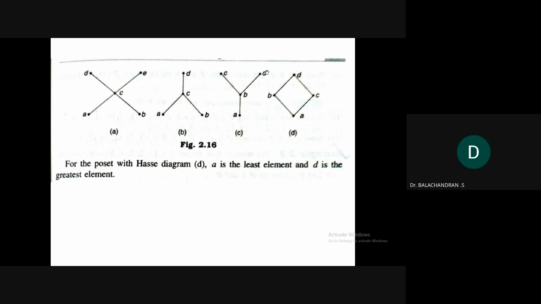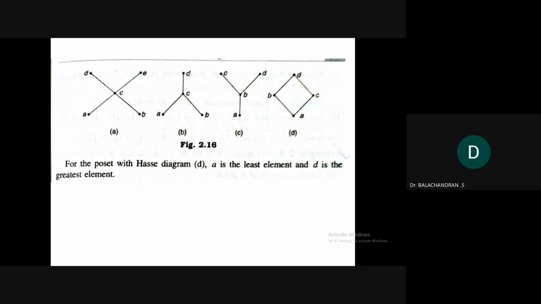C and D are maximal elements. Here the greatest element does not exist, because you cannot compare C and D. This is also maximal, and this is also maximal, but you cannot compare C and D. So C and D are maximal by definition, but the greatest element does not exist.